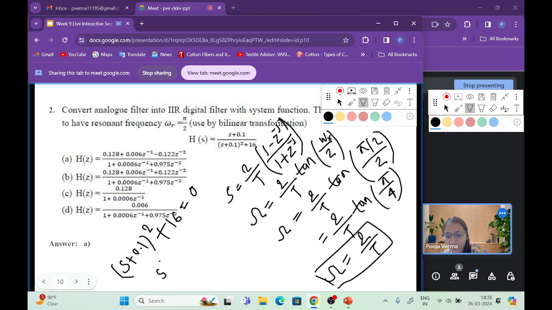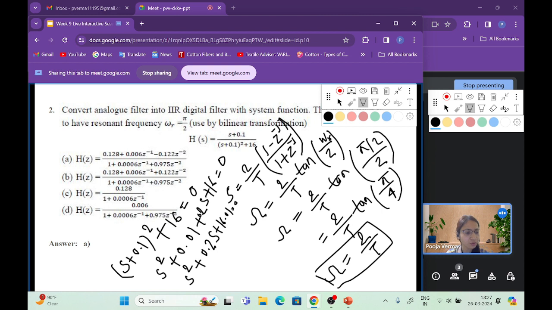So if we open that bracket, we get s square plus 0.01 plus 2s plus 0.2s plus 16 equal to 0. So s square plus 0.2s plus 16.01 is equal to 0.